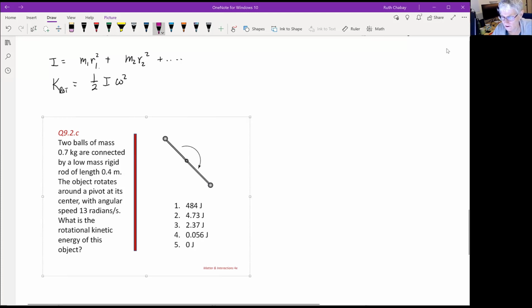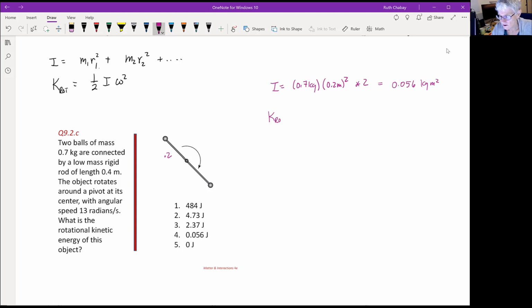Just to go over it quickly, there are 2 steps. First we have to get the moment of inertia, which is the mass times 0.2 meters squared times 2, because there are 2 of them. You had to realize that that was 0.2 meters. And so you got the moment of inertia, which was 0.056 kilogram meters squared.